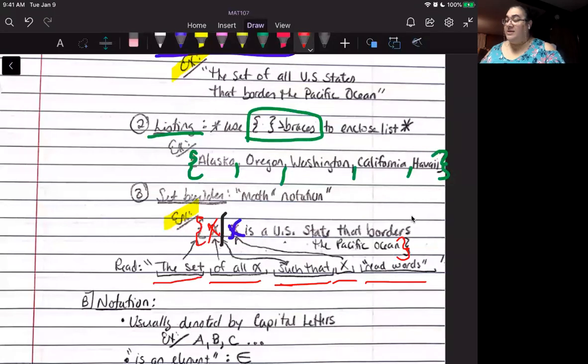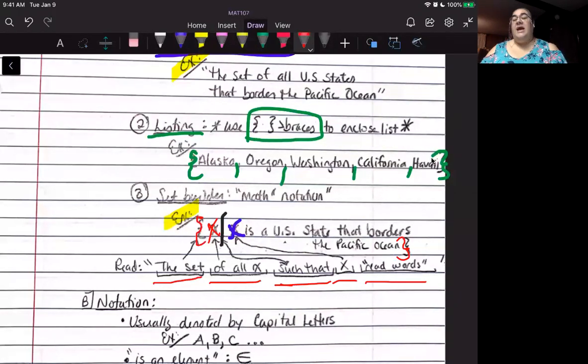This here, using this notation, is called stating a set using a set builder, okay? Basically, if it makes it simpler for you to think about it, this is the notation for writing out a set instead of just stating it in the full sentence like we did up here.